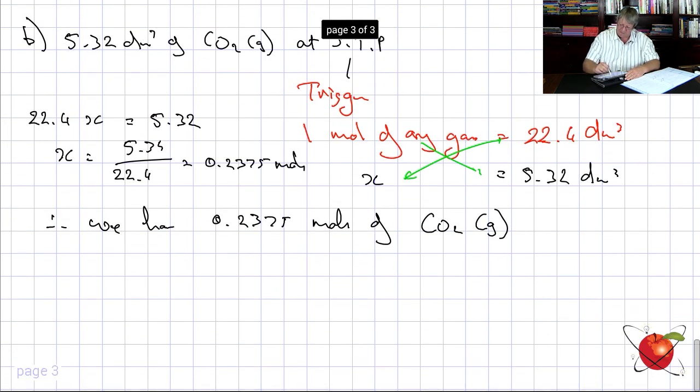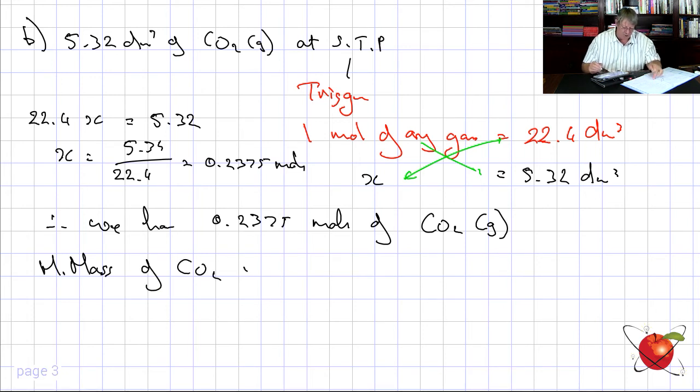What's the next step? Straightforward. The next step is to work out the molar mass of CO2, which is 12 plus 2 times 16, which is 44 grams per mole.